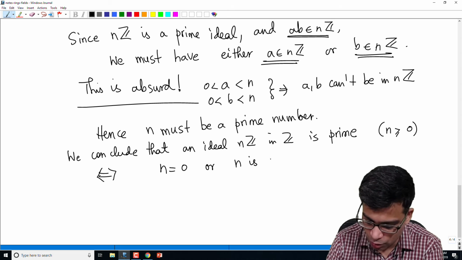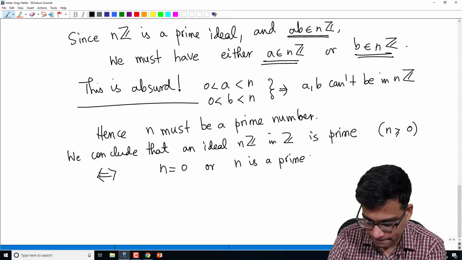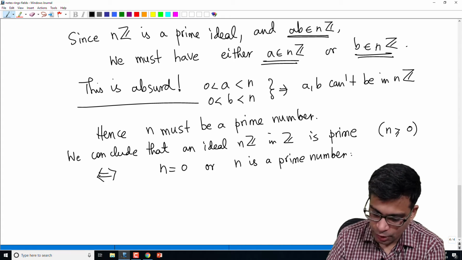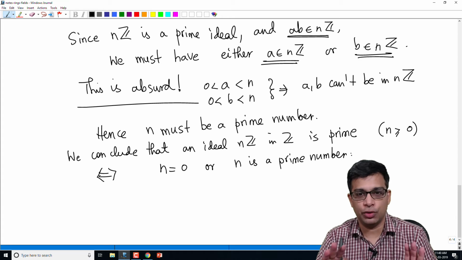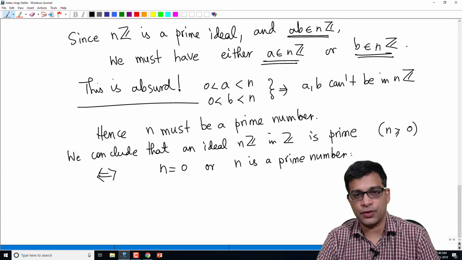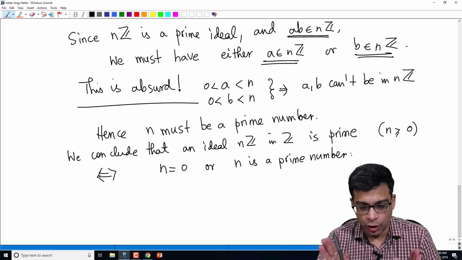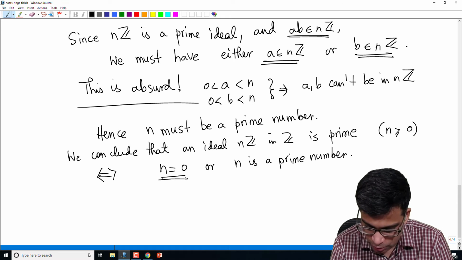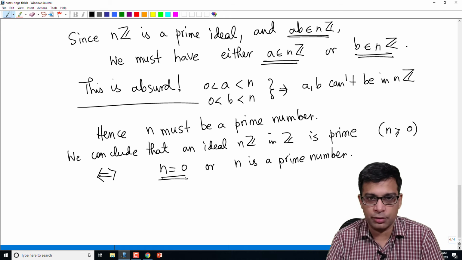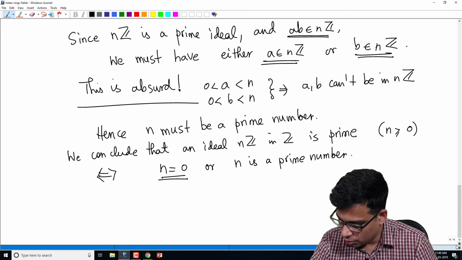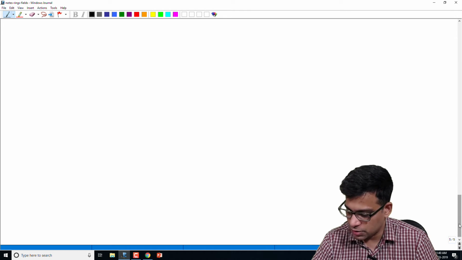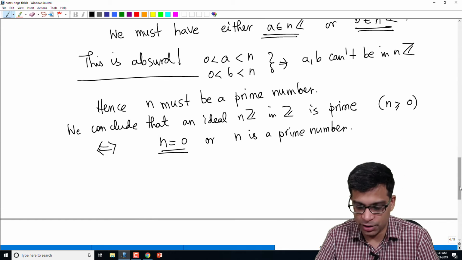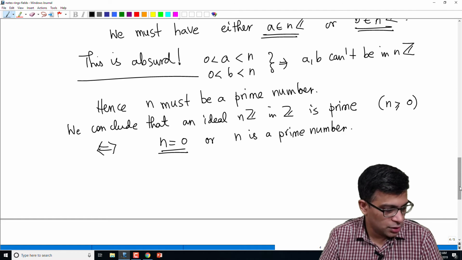It is prime if and only if n is 0 or n is a prime number. So this whole analysis is to give you the reasons for why we call these ideals prime ideals, because they properly generalize the notion of prime numbers, but there is this additional ideal, namely the 0 ideal, which 0 is not called a prime number, but the 0 ideal is a prime ideal. So it is very much inspired by the notion of prime integers, the notion of prime ideals.